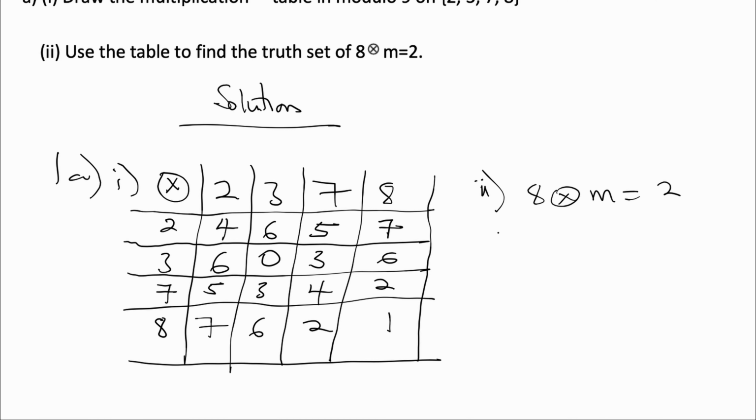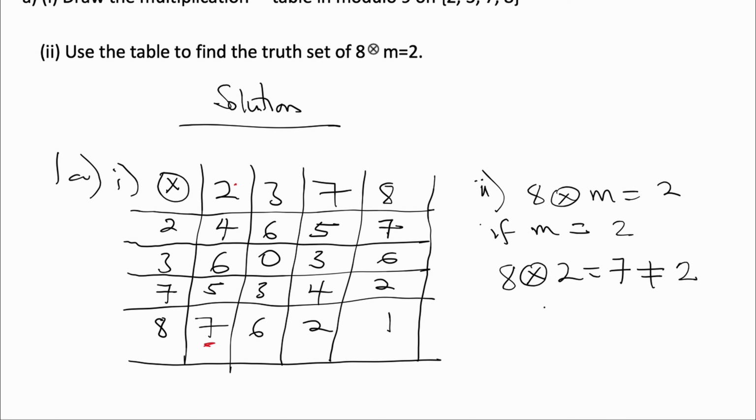So let's say if m is equal to 2, then we are saying that 8 times 2 will be. So when we check from our table, 8 times 2 is 7. But then we are saying that our answer should be 2. So 8 times 2 is 7, and it's not equal to 2.